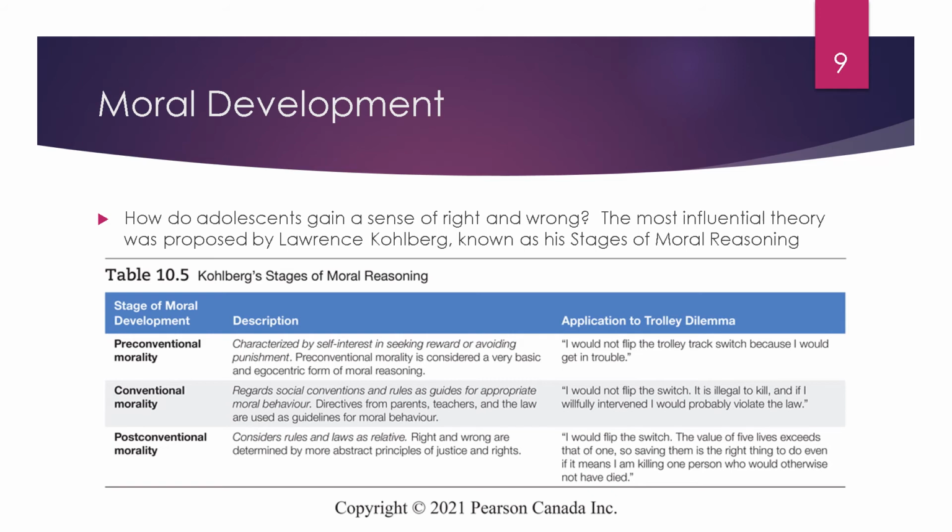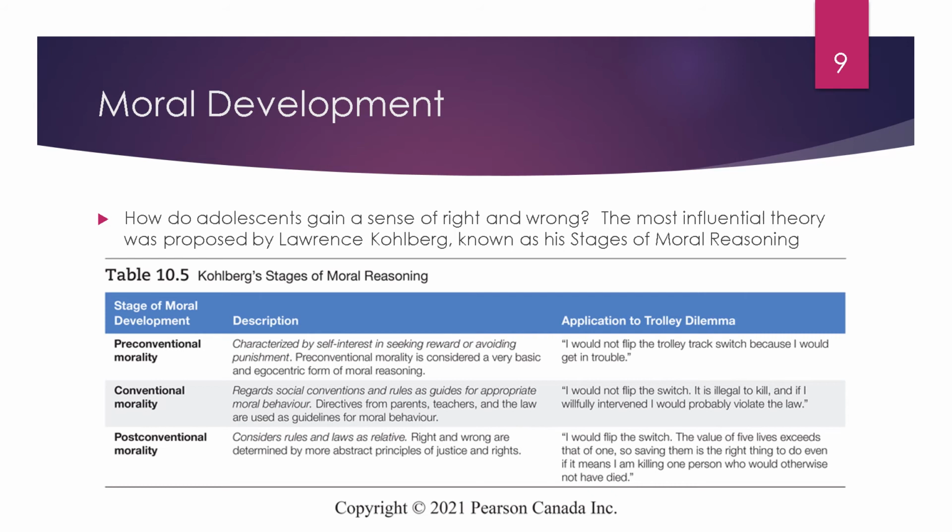But in conventional morality, you're basically regarding social conventions and rules as the guidelines for appropriate moral behavior. So now we're not worried about, I won't do it because I get in trouble, or I do it because I get rewarded. Now we're worried about the social norms and social conventions. So directives from people like parents, teachers, and the law are basically then used as guidelines for moral behavior.